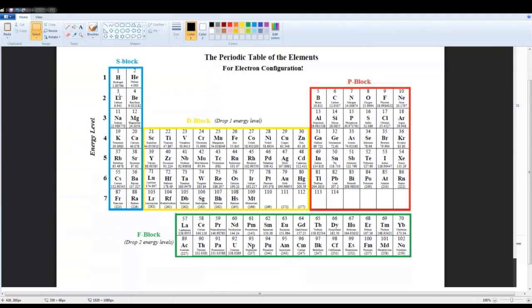You can read the periodic table for electron configuration just like a book. You start at the top left, read the first line, then go down to the next line, going left to right until you get to the atom you're looking for. Let's do a couple of examples to see how this pattern works.